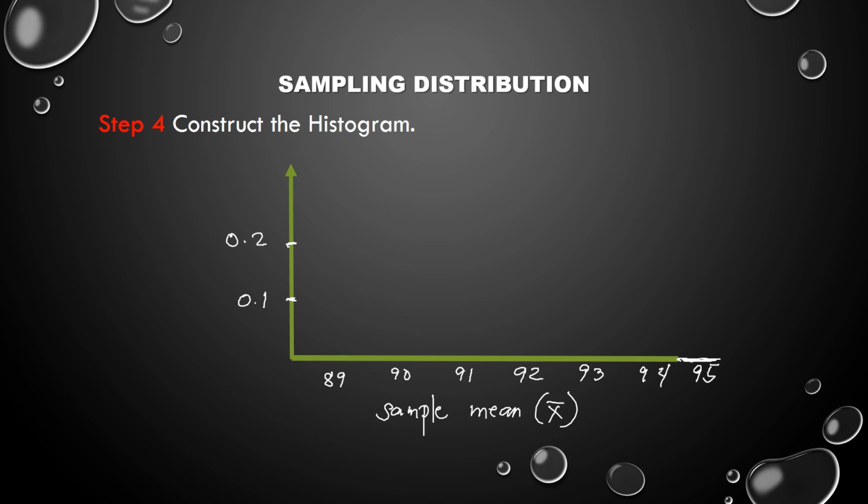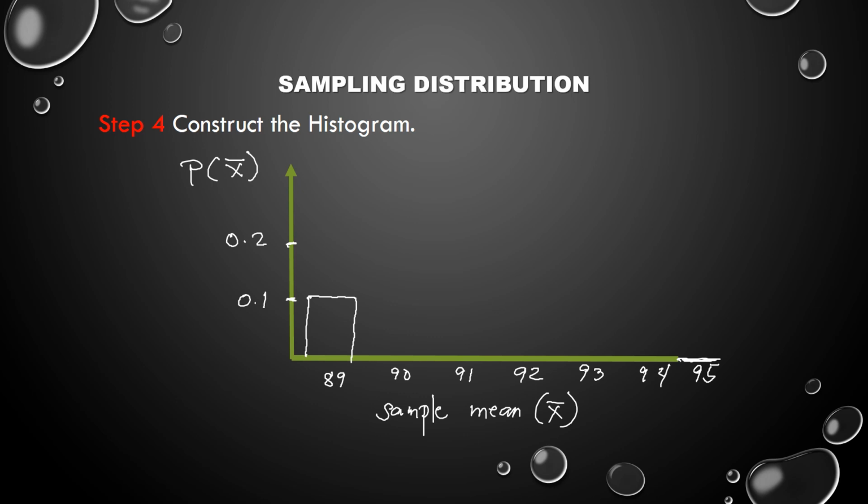So graphing that under 89, we have that with the probability of 0.1. So I can simply draw a rectangle for my 89 in there with the probability as 0.1. Let me just name it as P of X bar, or that will be the probability of your sample mean.